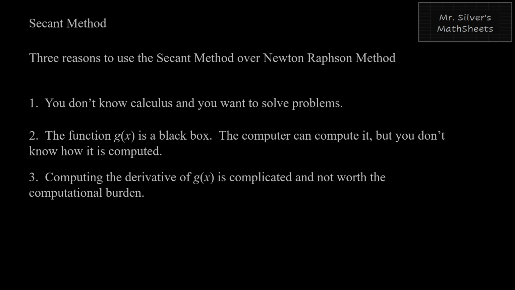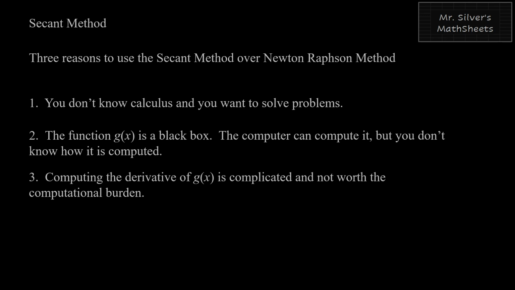But the third reason is perhaps the most relevant. Sometimes g of x, the derivative, is computationally burdensome to compute. And if you don't have to compute the derivative, why bother?